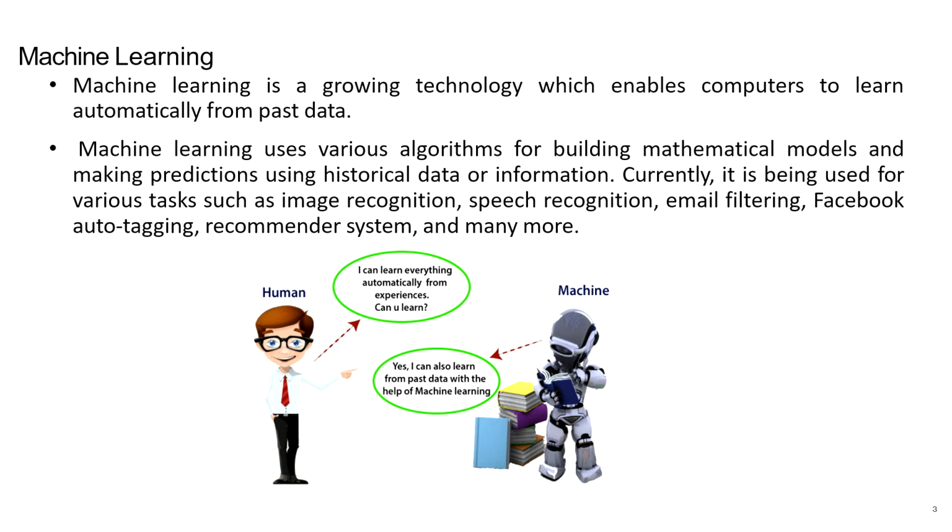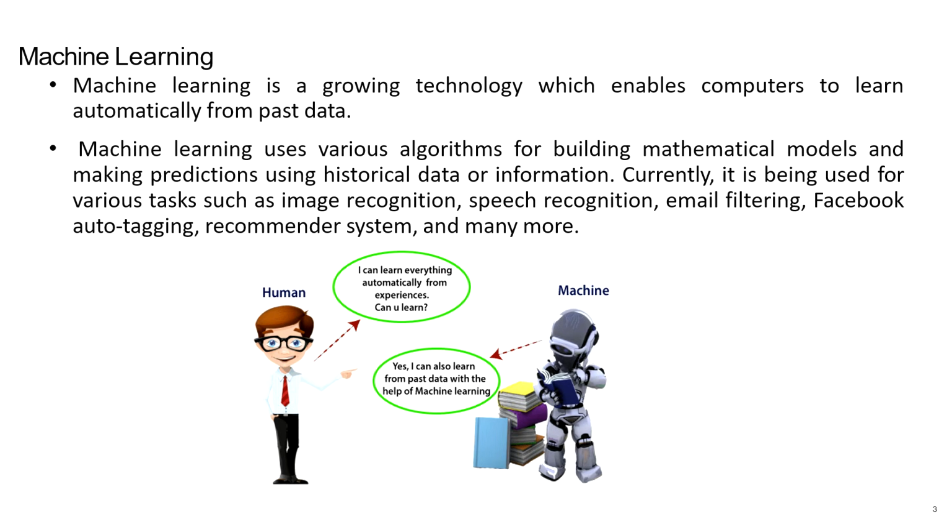Machine learning is a growing technology that enables computers to learn automatically from the past data. ML algorithms are used to build mathematical models from historical data. These models can then be used to make predictions or perform specific tasks.